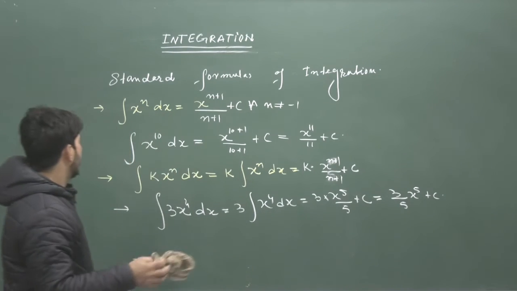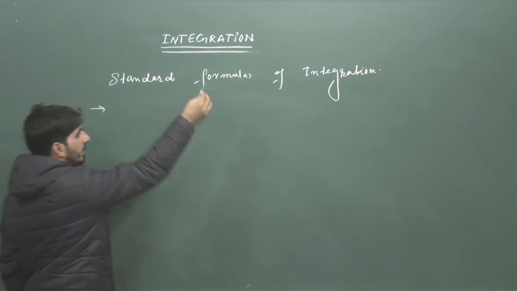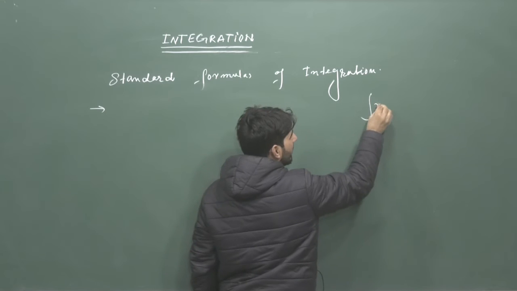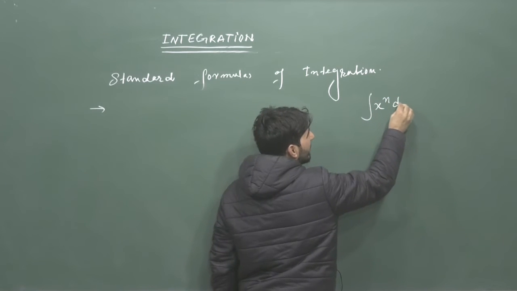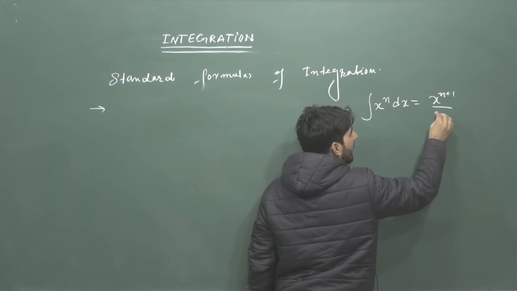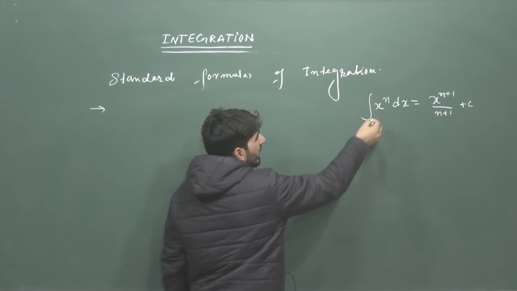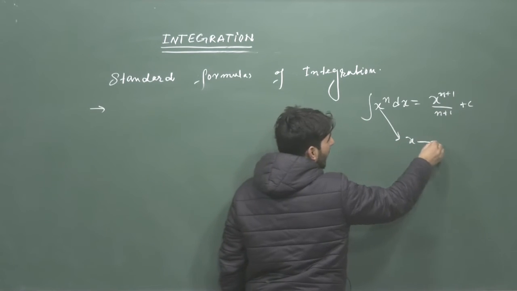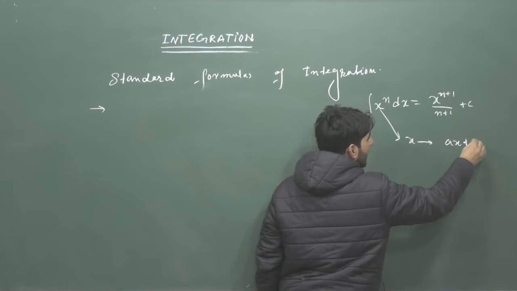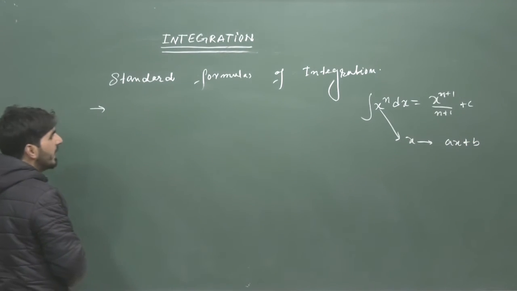Now the third point is, here from the first point we learned integration of x raised to power n dx is x raised to power n plus 1 divided by n plus 1 plus c. Now if we replace this x by a linear term, that is ax plus b, what we get?